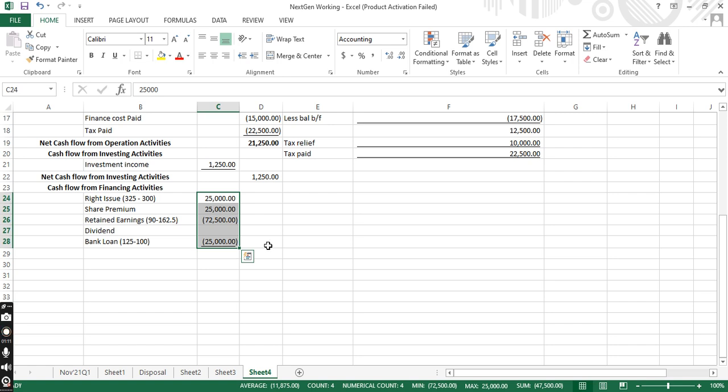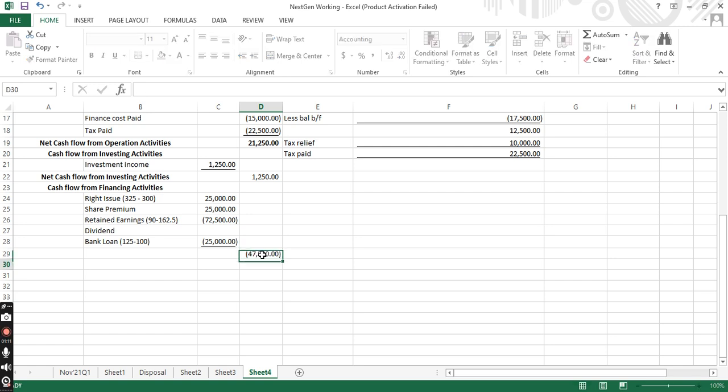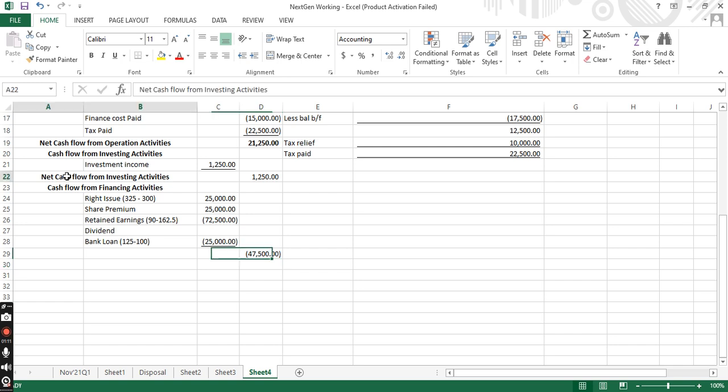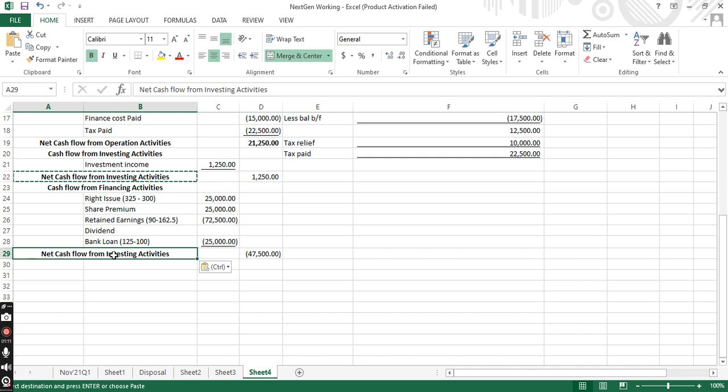How much do we have here? Minus 47,500. So this will be my net cash flow from financing activity.